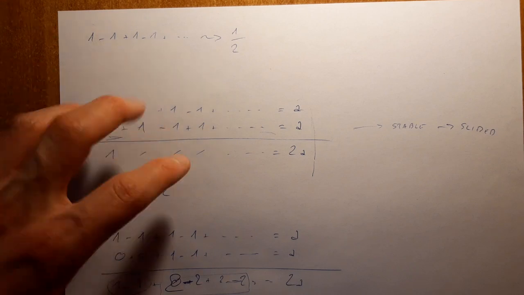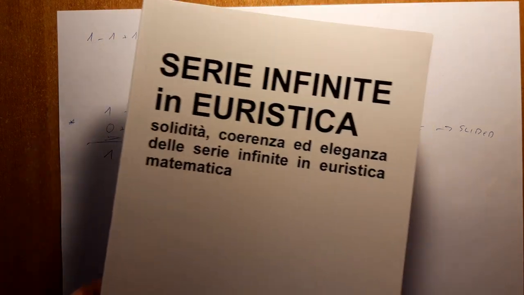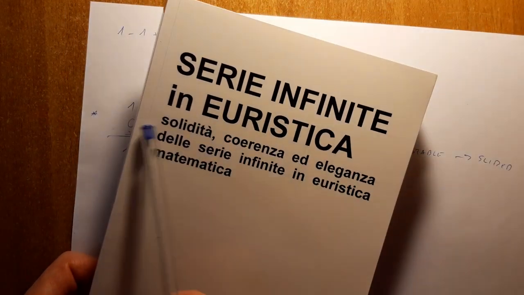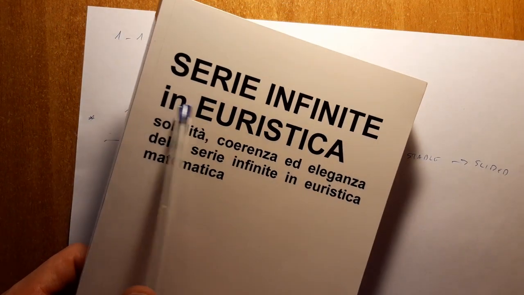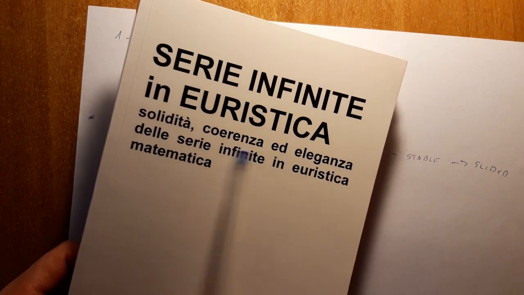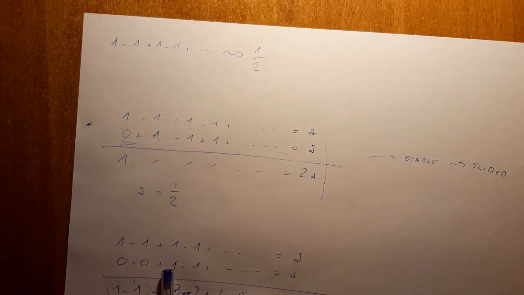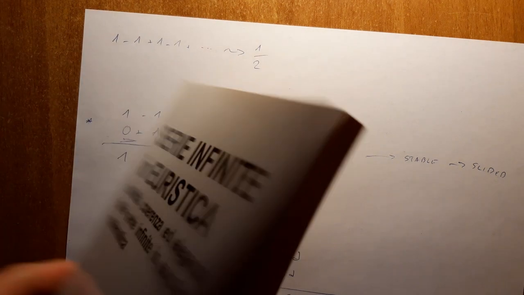I studied this series a lot, and I wrote a book in Italian and a book in English. I have only the Italian version here: Serie Infinite in Heuristica, solidità, coerenza ed eleganza di Serie Infinite in Heuristica matematica. In English it's called Infinite Series in Heuristics, solidity, coherence and elegance of the infinite series in heuristic mathematics. There are some mistakes in this book, and a new version should be done, but right now I don't have time.